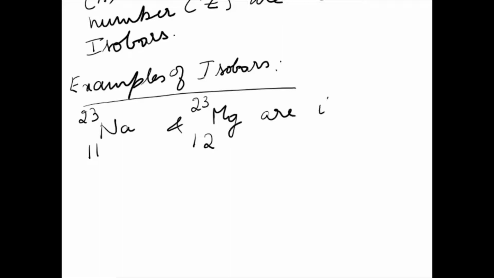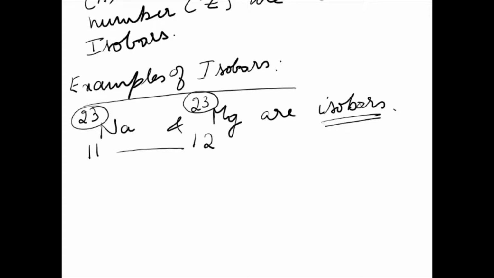These are isobars. Can you see? They have different atomic numbers but the same mass number. They are completely different elements. Sodium and magnesium have different properties, so they are isobars.